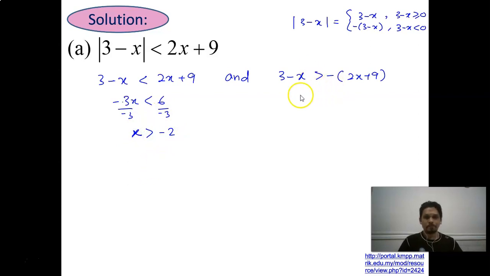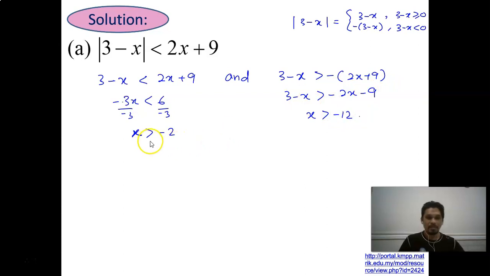Okay. 3 minus x greater than negative 2x minus 9. Negative 2x brought to the left side becomes positive, so negative x plus 2x, x. And positive 3 brought to the side becomes negative, so negative 9 minus 3, negative 12.